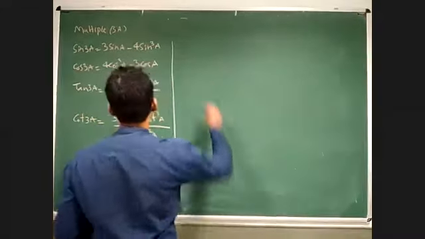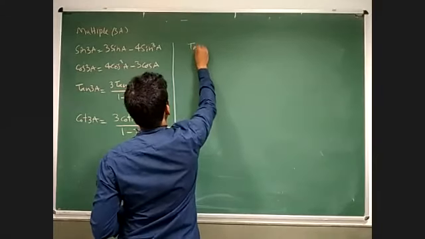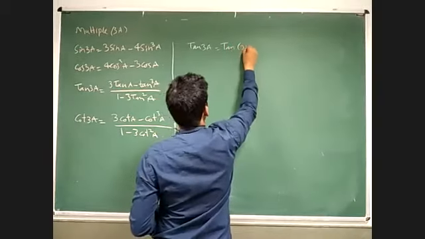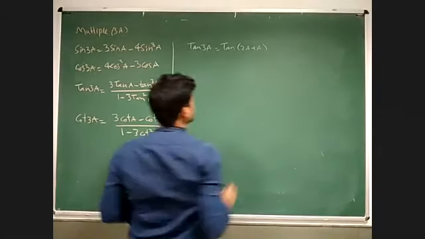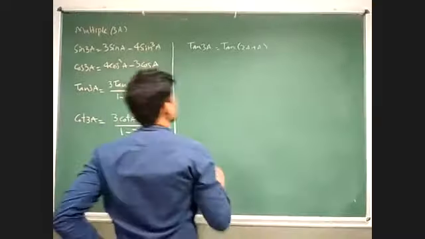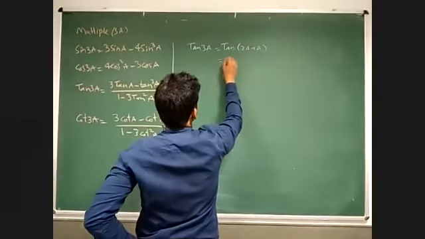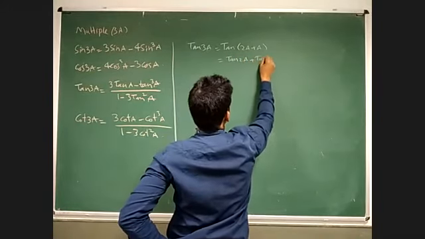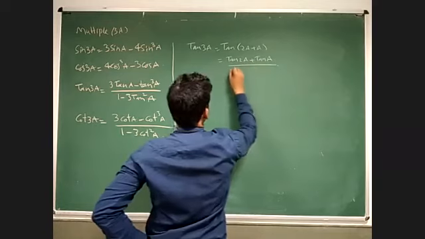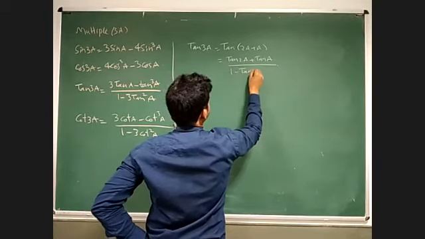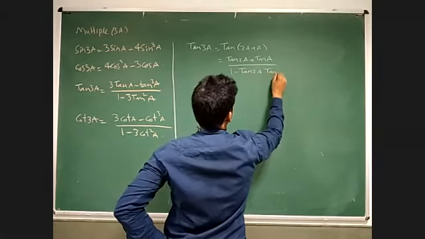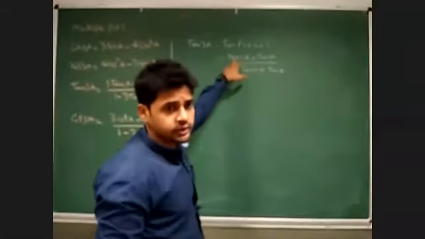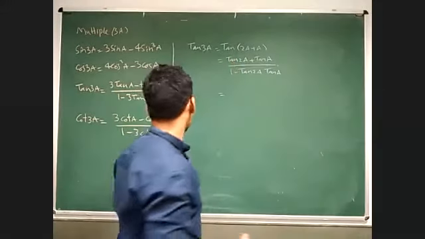So here I can write tan of 2A plus A. Now first apply the compound angle formula of tan A plus B. So here I will have tan 2A plus tan A, and 1 minus tan 2A into tan A. Okay. Now I know the formula of tan 2A.